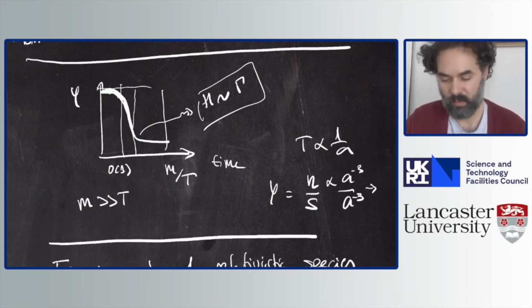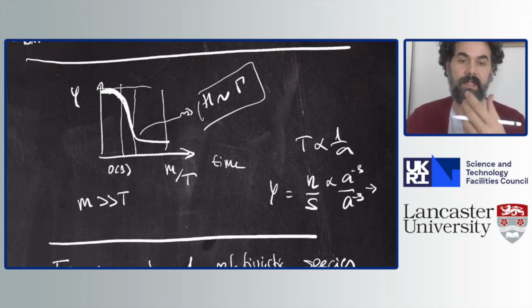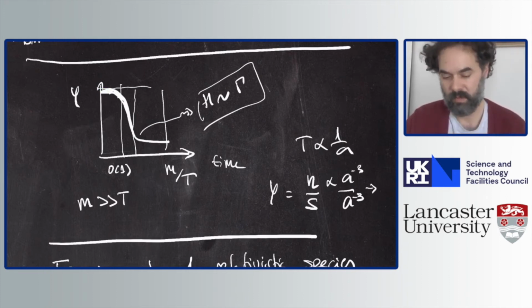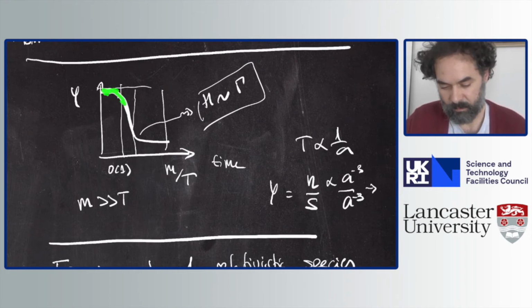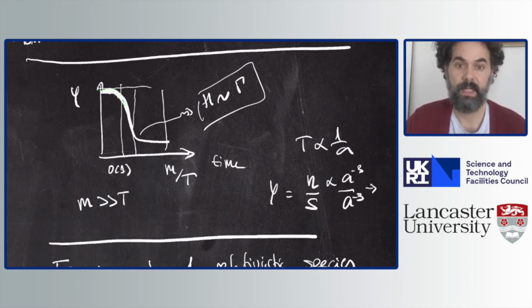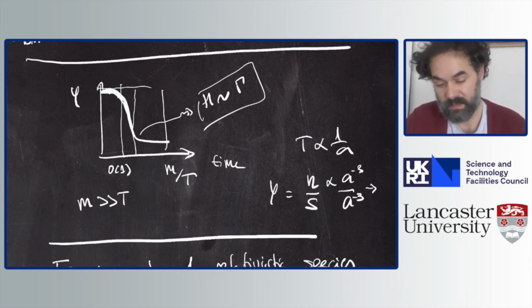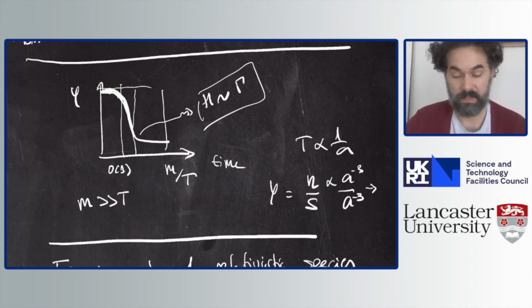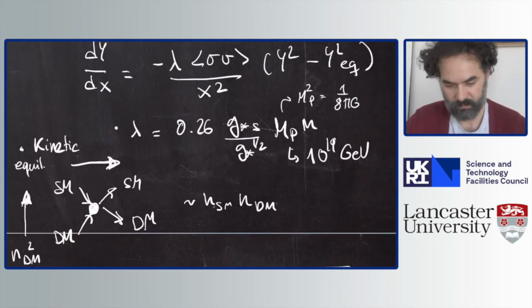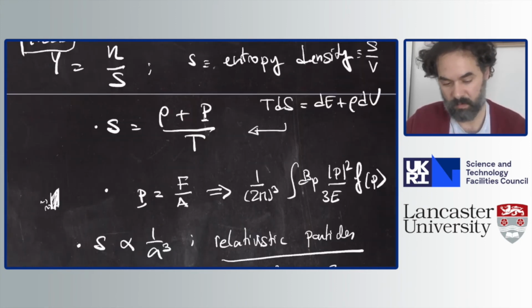Things are kept in equilibrium. The same rates that keep things in equilibrium for entropy are also valid to keep things in equilibrium for number densities. At some point, particles start to behave as non-relativistic particles. In this case, the number density disappears faster than 1 over a cubed. Remember, it disappears exponentially fast. Let me go back to it slowly.